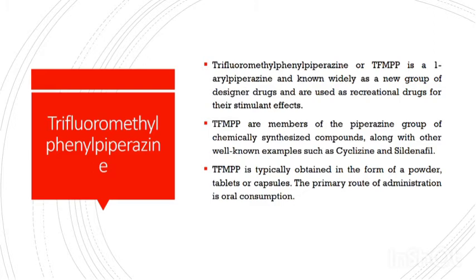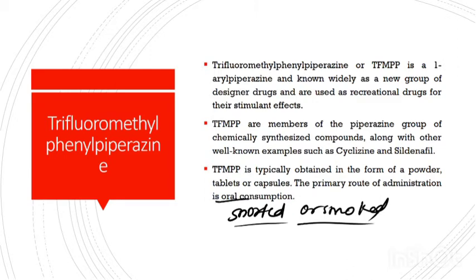TFMPP is typically obtained in the form of a powder, tablet, or capsule, and the primary route of administration is oral consumption. So we can consume TFMPP orally, and the powder can also be snorted or smoked. We can consume it orally, or sniff it, or smoke this particular drug.